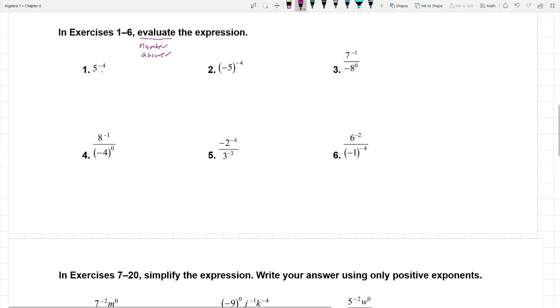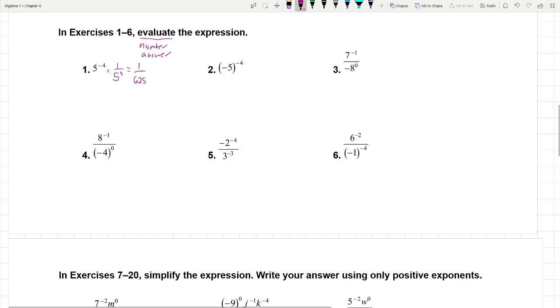Oh, that negative 4, we don't want there to be a negative exponent. And so this transforms into 1 over 5 to the 4th. And if I go 5 to the 4th, 5 times 5 is 25. 25 times 25 is 625. So this is 1 over 625.